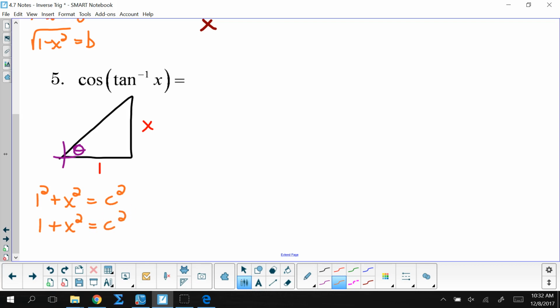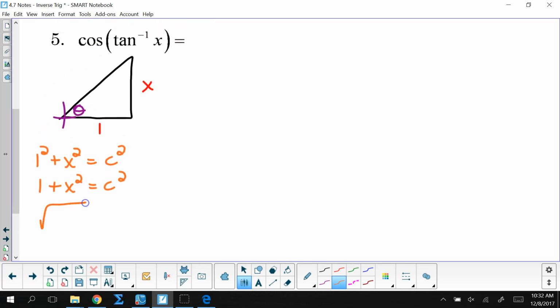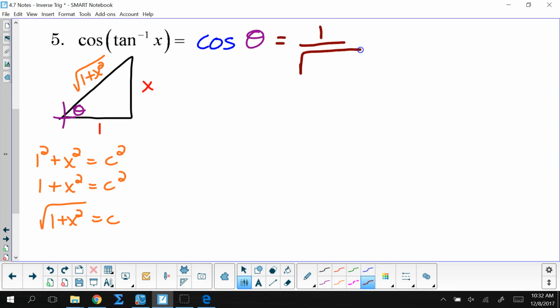The square root of 1 plus x squared. So this is the cosine here of theta. Cosine of theta here is adjacent over hypotenuse.